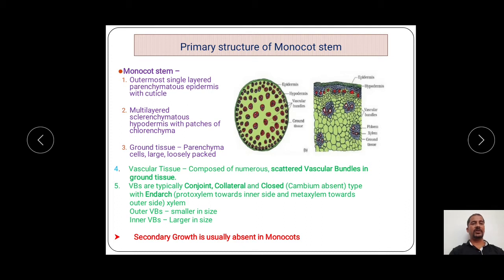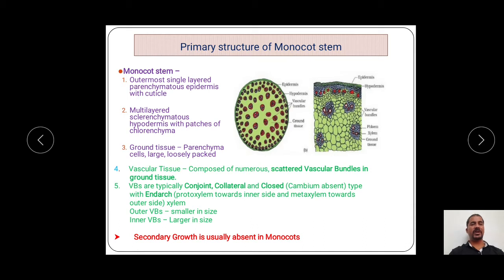These vascular bundles are numerous and scattered in the ground tissue. They are of conjoined, collateral and closed type. Conjoined means the xylem and phloem both are present in the same bundle.